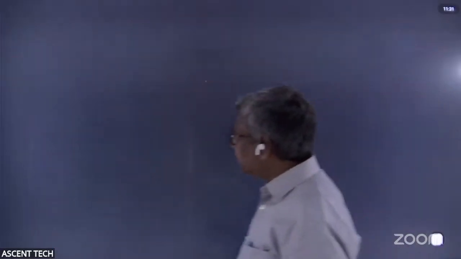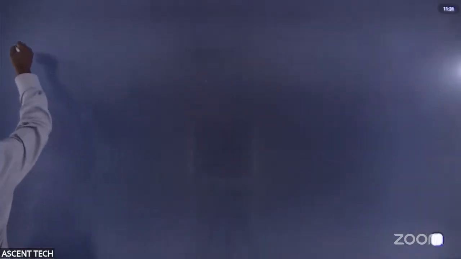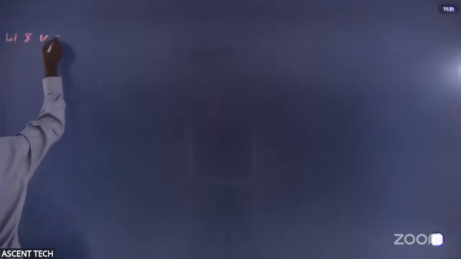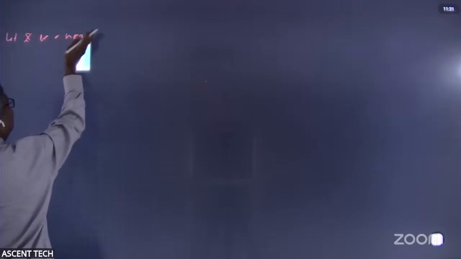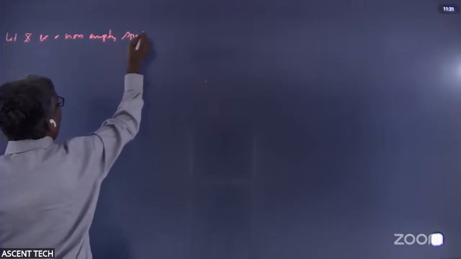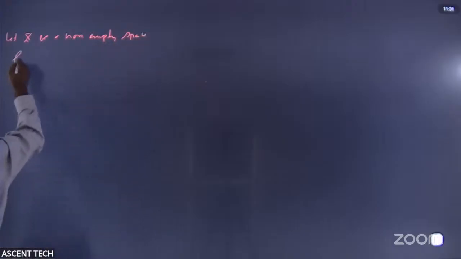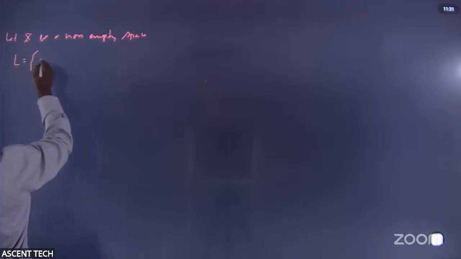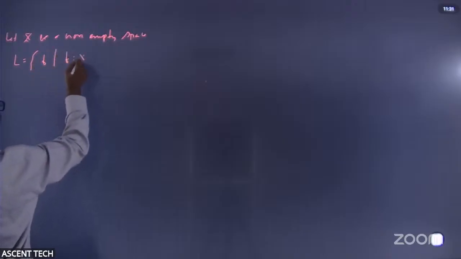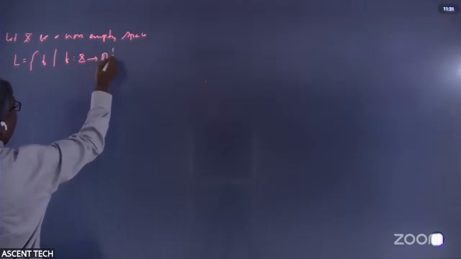We will very easily see that, let X be any non-empty set. Suppose I take L to be all functions f defined on X such that f is a function from X to R. It can be to C also.